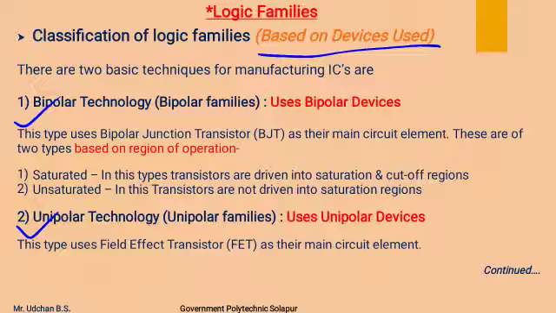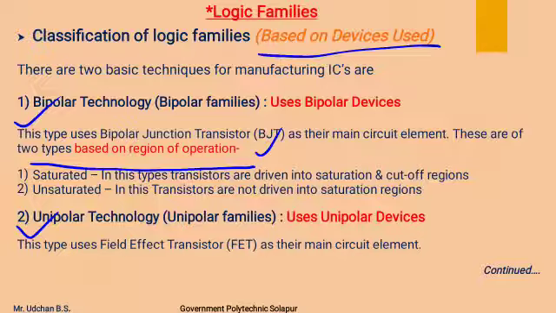So in bipolar technology, BJTs are used as the main circuit element. Again, in this there are two types based on the region of operation. We already know the BJT operates in three regions, that is saturation region, cutoff region and active region.